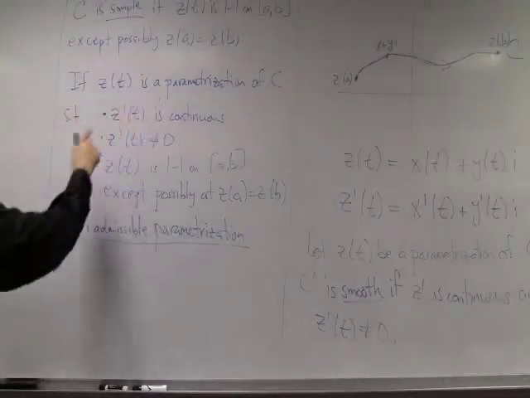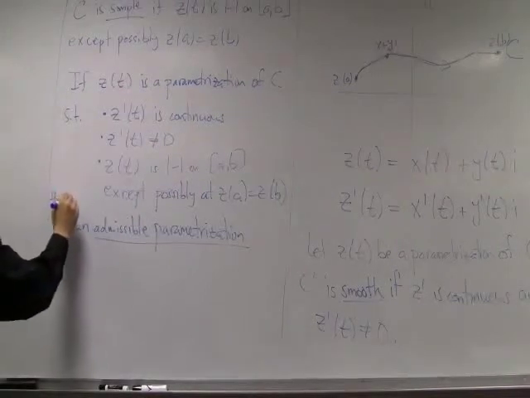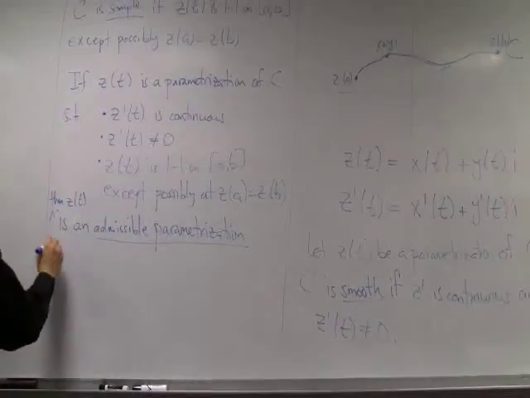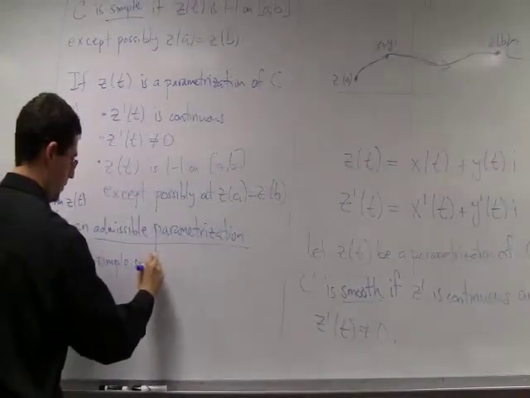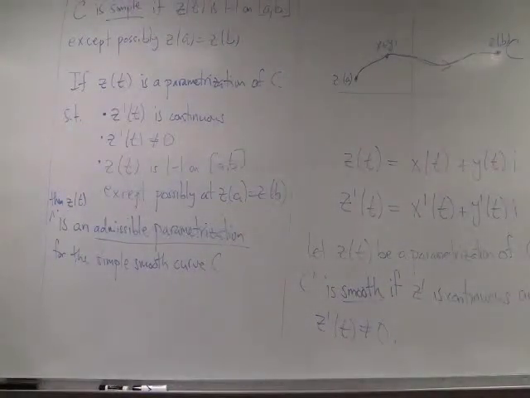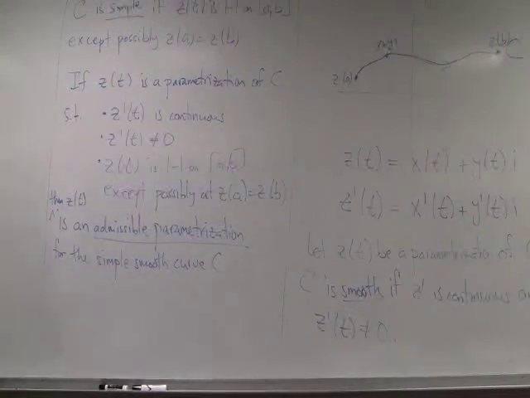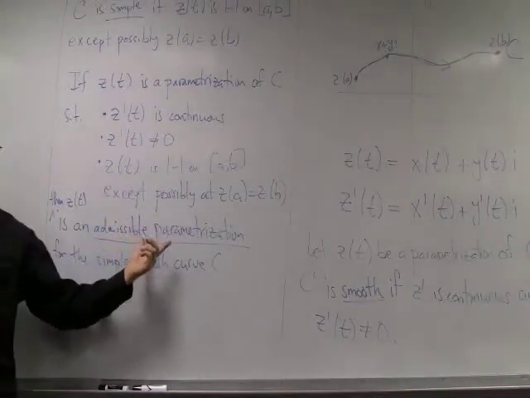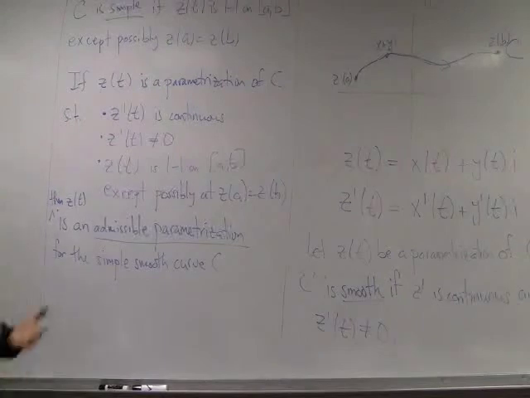Okay, so then Z of t is an admissible parameterization for the simple smooth curve C. On the homework, I probably also allow you to use the phrase admissible parameterization when you have piecewise smooth, which should also be simple.